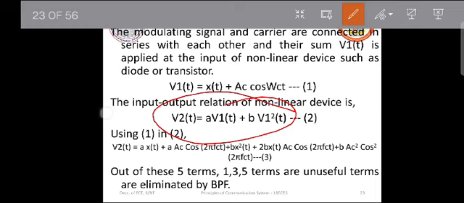So this is the equation that we have got for the non-linear device.